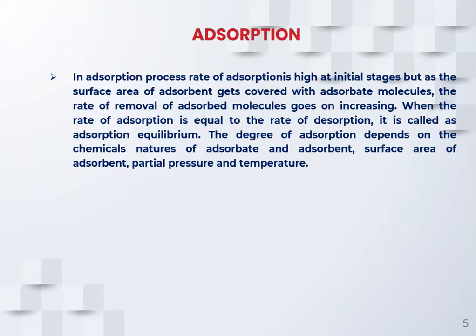When the rate of adsorption is equal to the rate of desorption, meaning removal of adsorbate from the surface of adsorbent, it is called adsorption equilibrium. The degree of adsorption depends on the chemical nature of adsorbate and adsorbent, the surface area of adsorbent, and partial pressure and temperature.